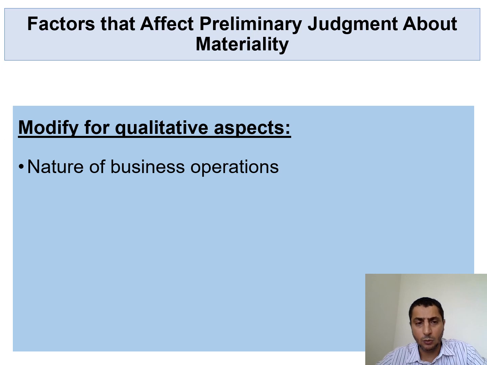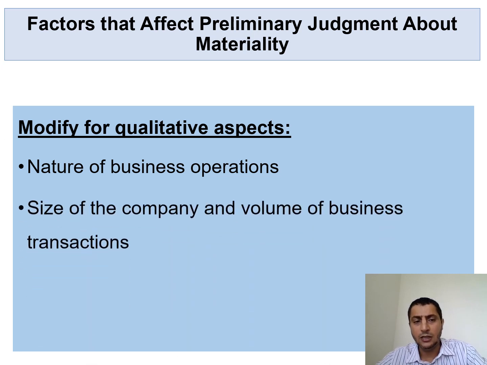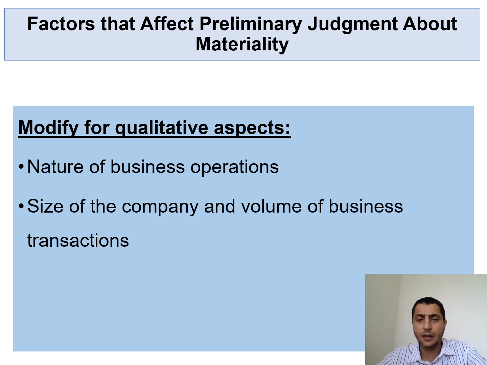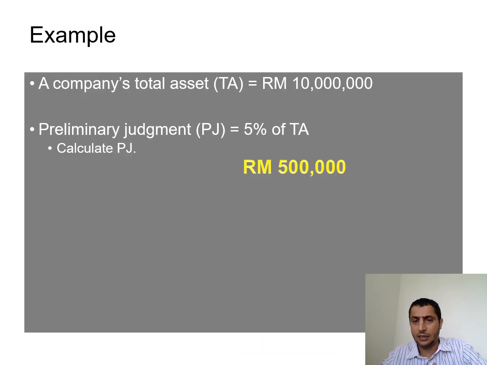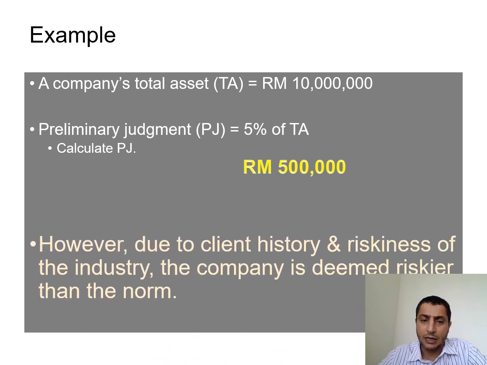One of these aspects is the nature of business operation. Next is the size of the company and the volume of business transactions, and also prior client history. This one we call qualitative. So in the example, we have 500,000 as the preliminary judgment.